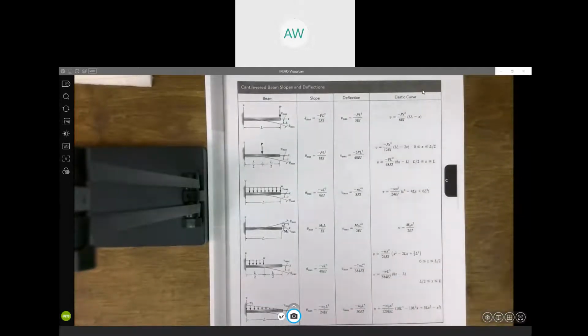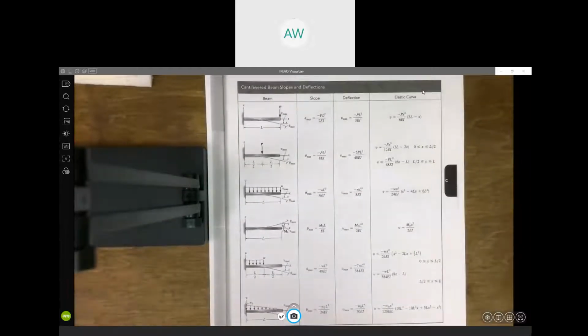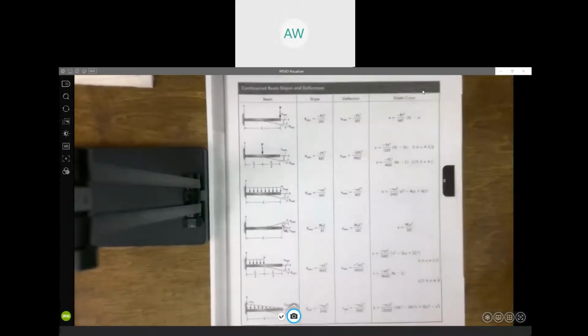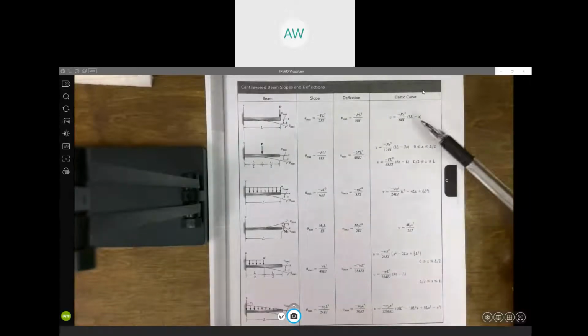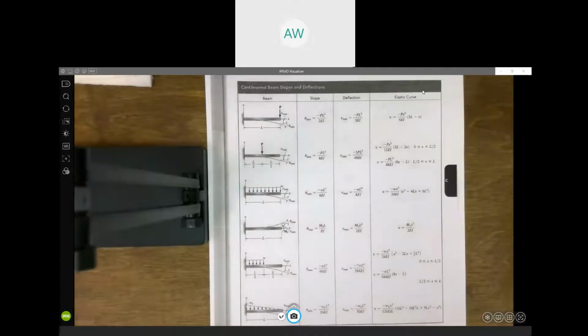That's what we're going to use. We're going to take a beam, break it up into individual loadings, come back to the table, find the appropriate formula, write it down, plug in our numbers, and we're done. This table will be provided on your test Tuesday. I certainly don't expect you to memorize all these formulas.